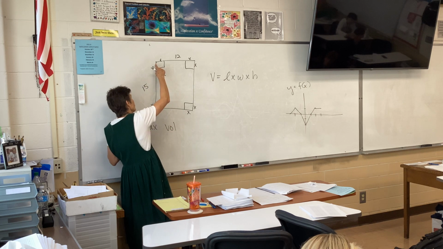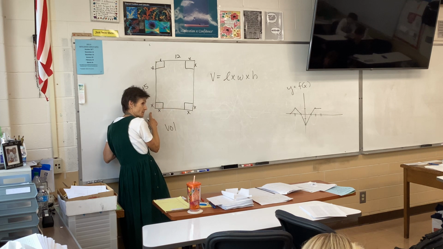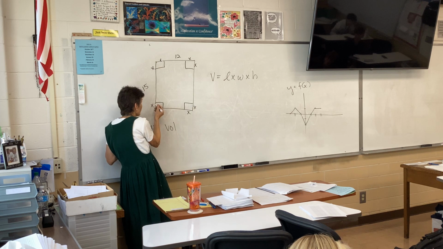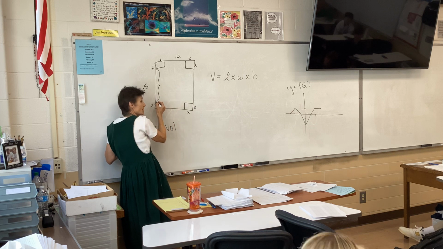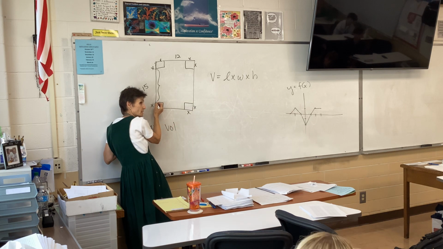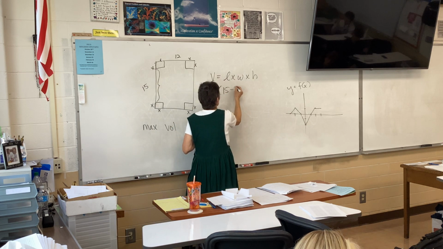The original length of the paper was 15. But remember, we chopped this off and this off. So now the paper is only this wide or this long. How would I express that? 15 minus 2x.